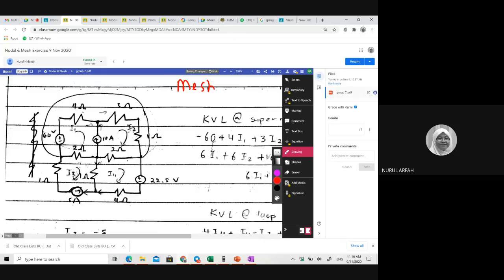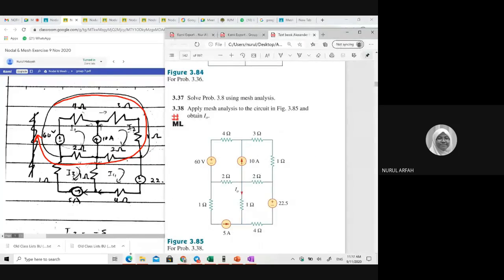This is mesh. So I can see that you have the boundary here. By the way, class, do we have super mesh? I hope so. You do understand this, because if you look at here, 64, 10 here, 2, 3, 1, 2, and 22.5 for semua correct.